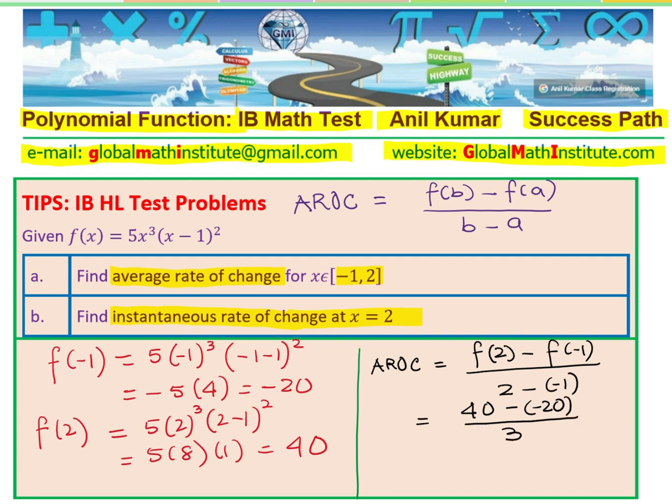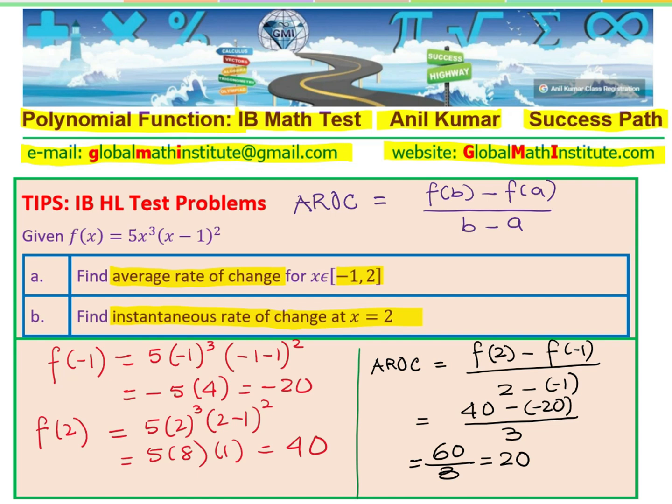That gives you 40 plus 20, which is 60, over 3, and therefore it is 20 as the average rate of change between the given points. It definitely gives you the slope of the secant line between the points. So I hope this concept is absolutely clear.